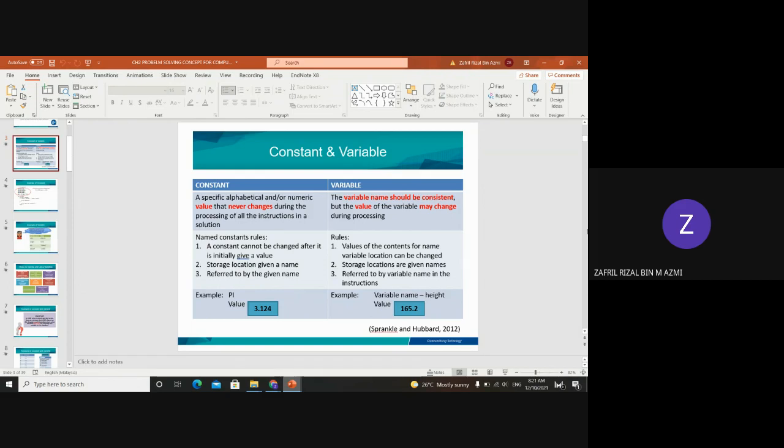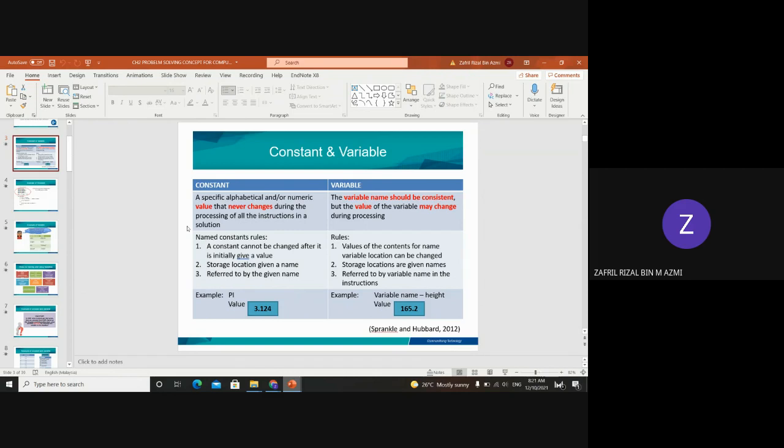In contrast with variable, constant is also a kind of variable. So this we call normal variable, and this we call constant variable. A constant is also a type of variable, but it is specifically designed to store a fixed value.